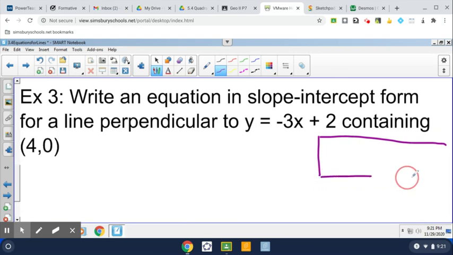So parallel lines, same slope. Perpendicular lines, I'm going to use an abbreviation, means opposite reciprocals.